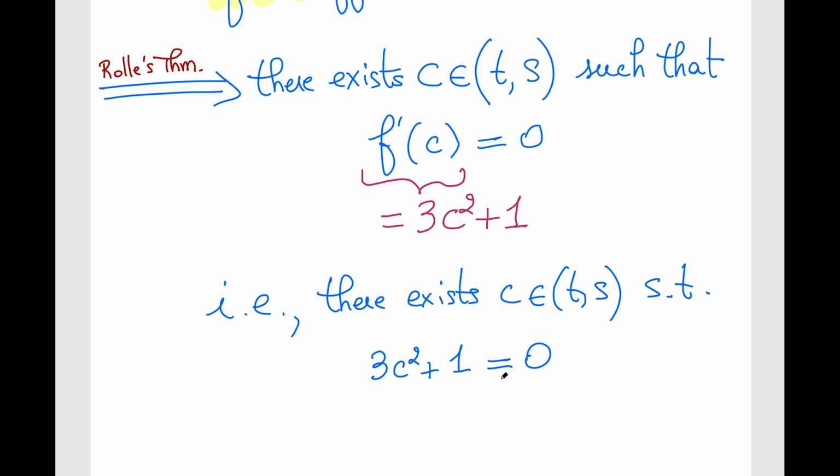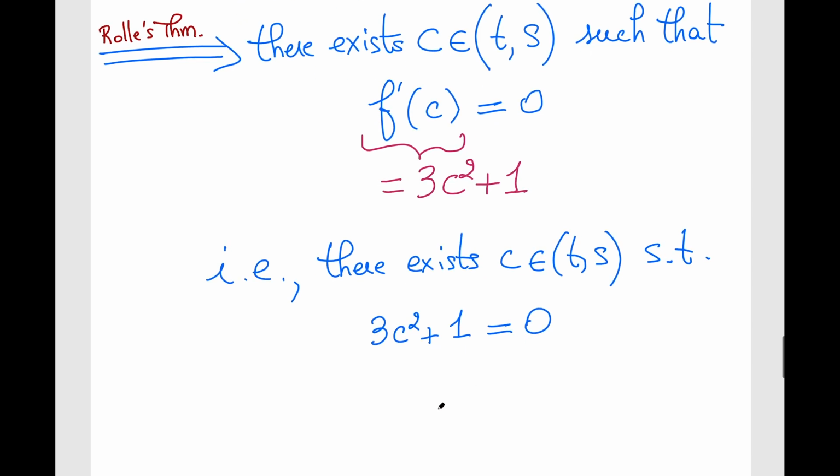This is so far what we have. Correct? And now look at this guy here. 3c squared plus 1 is equal to 0. Can such a thing exist? Can such a c exist? What you know about 3c squared is that it is at least 0, right? This guy is 0 or more.